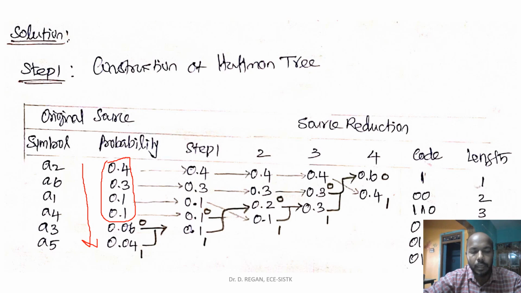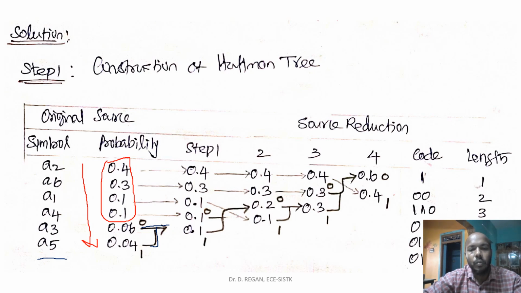I want to highlight it in a different color: here 2 symbols are added, and we got 0.1. Now we have 5 symbols in total; at the beginning it was 6. Now it is 5: 0.4, 0.3, 0.1, 0.1, 0.1.